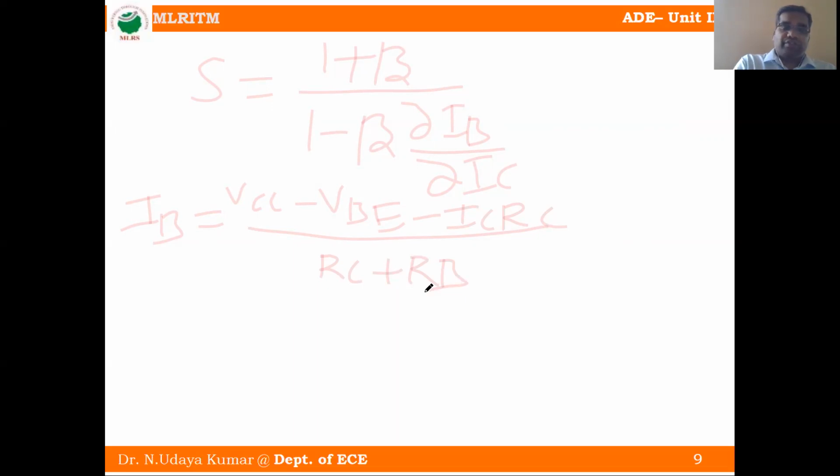Now differentiate dou IB by dou IC with respect to IC. The constant term tends to 0 after differentiation, and only one term remains, with a minus sign.